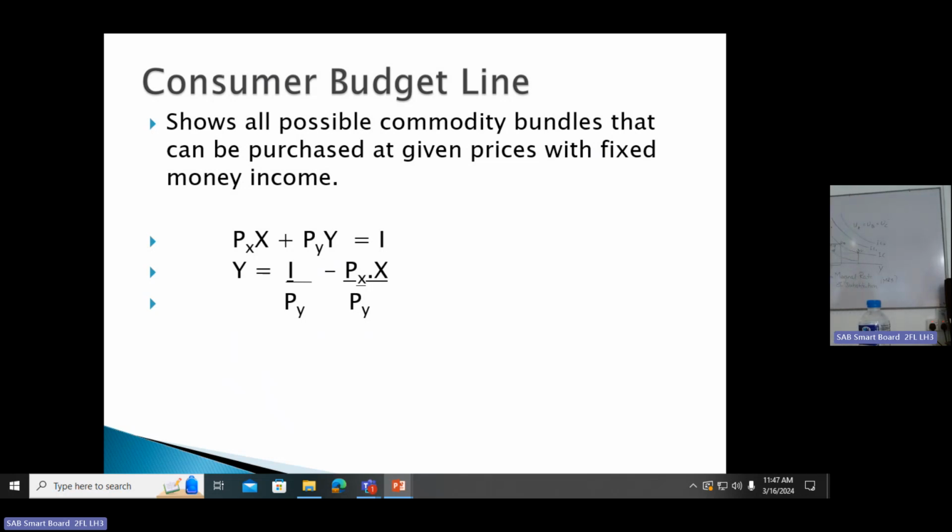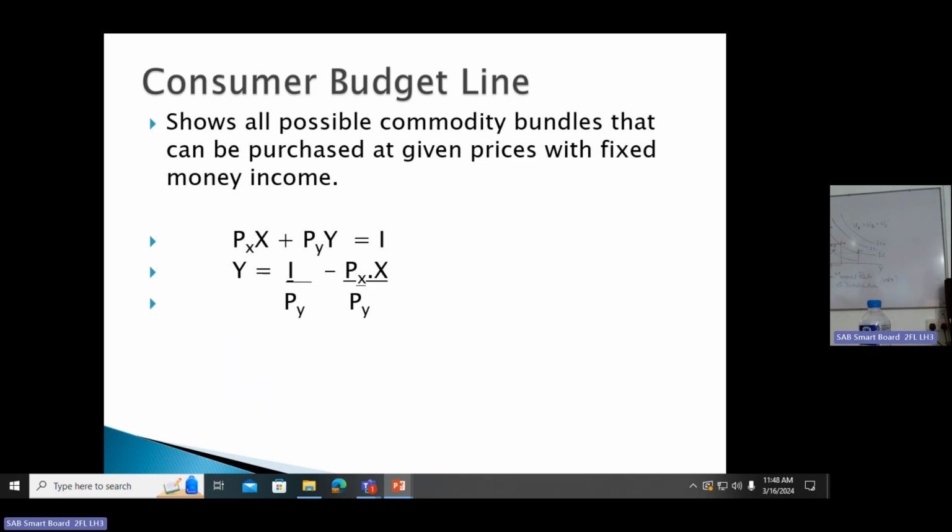We assume we have a fixed money income, so if the money income is given, we can measure the quantities that the consumer is willing to buy at different prices. That explains the budget line. Here also we make certain assumptions, so we allocate this total income among the two products.